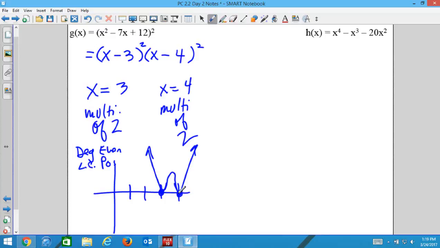Okay? Next one, let's factor it. Is it factored? It's not factored. How do we factor it? DCF, x squared times (x squared minus x minus 20). So x squared multiplied by (x minus 5)(x plus 4).